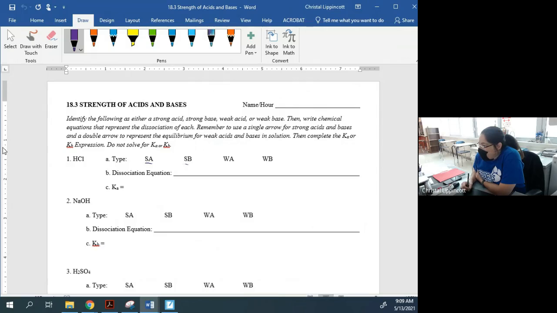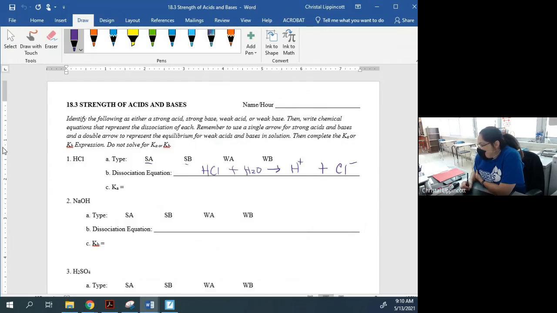All right. And then the dissociation equation you're going to have written out, which for this one, we've already done in class. I showed you this one before. This is going to have an arrow going one direction, because for strong acids and strong bases you just have the one direction arrow. That's going to give you H3O plus, which you can just write as H plus if you want to be lazy, and then your Cl minus.